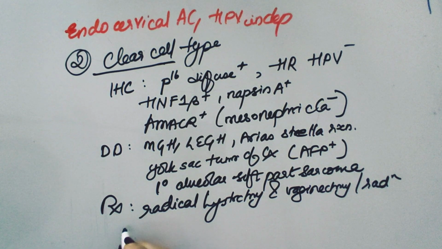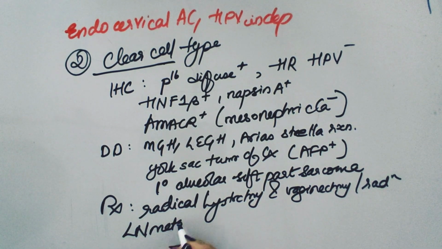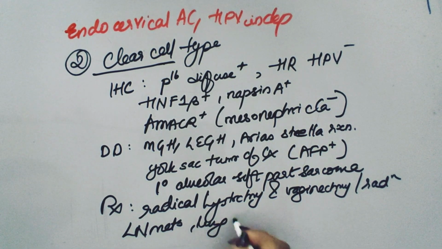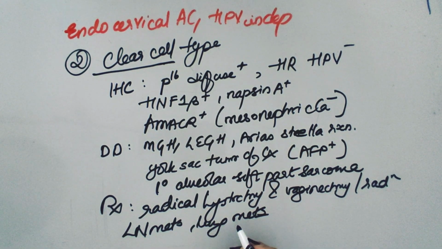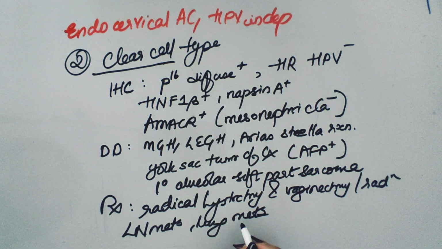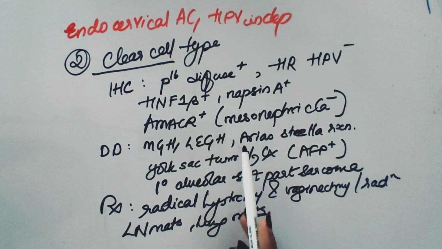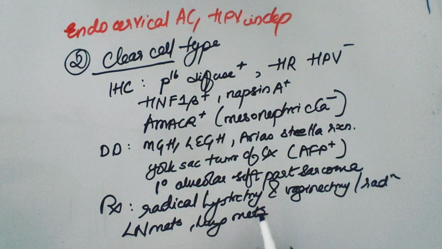Because prognosis is bad, because it can have lymph node metastasis, lung metastasis. That is why we are going for a high end of surgery. And then the prognosis depends upon the age, stage, etc. Older age group has better prognosis in this, because I said in younger age group, because of the DES exposure, it has a bad prognosis.